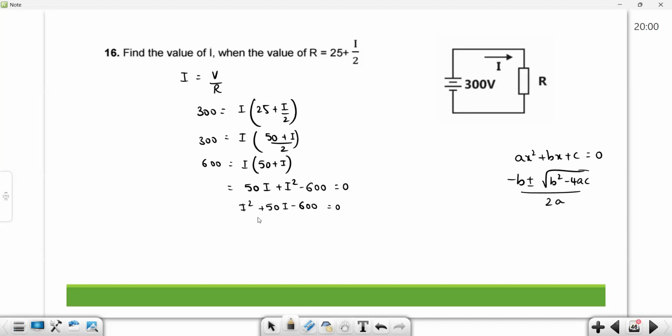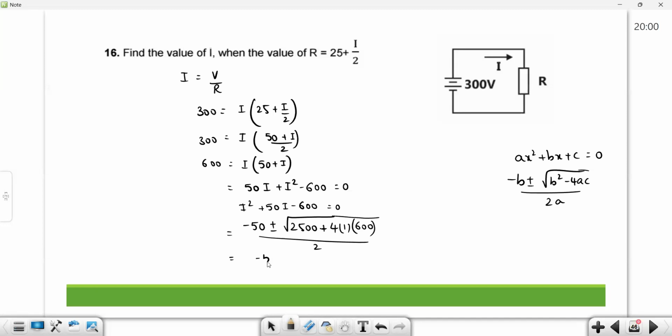You just do that. Minus b is minus 50 plus or minus under root b square, which will be 2500, minus 4 into ac. 4, a is 1, c is minus 600. So minus into minus, it will be plus here. Clear? By 2a.